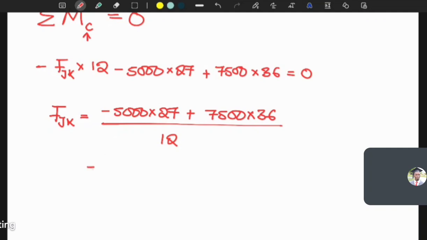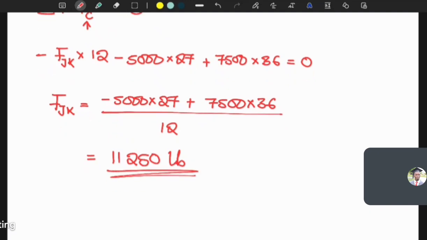Okay. 11,250 pounds. Because this is coming out as a positive value, it implies that the assumption that it was compression was correct. So keep it as compression.